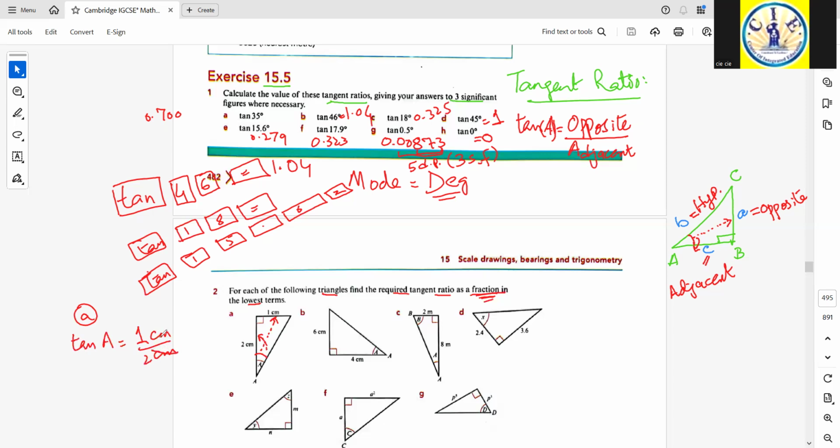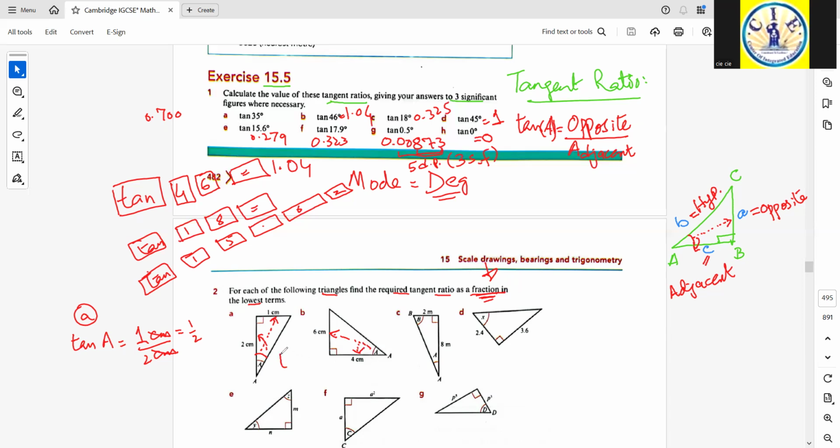So centimeter can be cancelled out. So the answer is 1 by 2. Since we need to give the answer as a fraction in its simplest form, this should be the final answer. For part B, the side opposite to this angle of consideration is 6, and the side adjacent to this angle is 4.